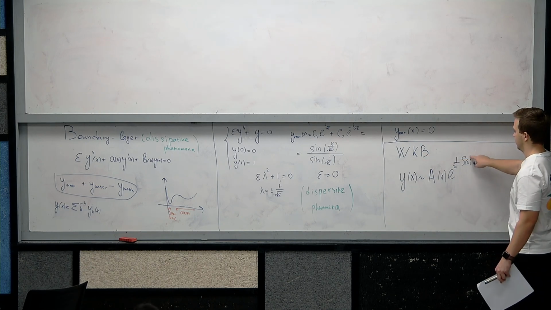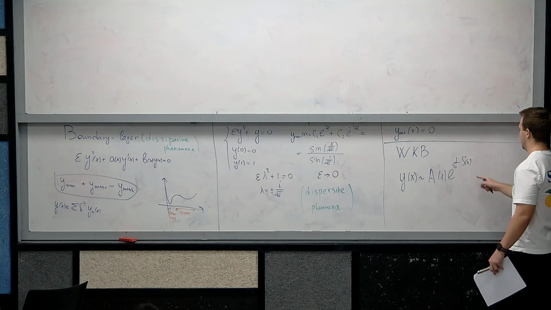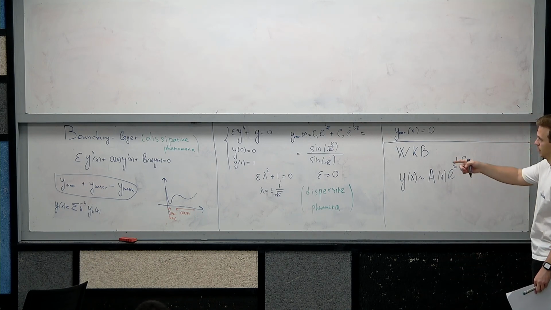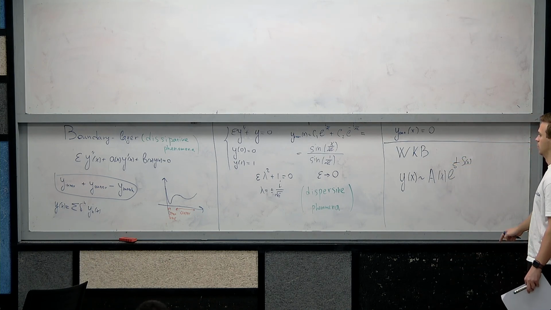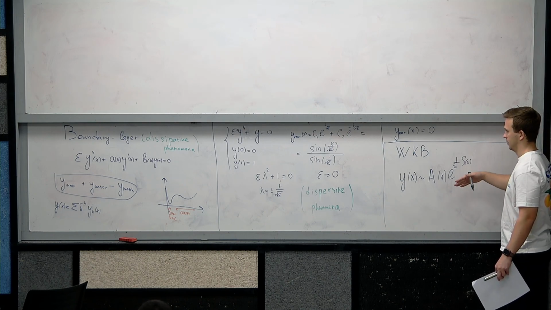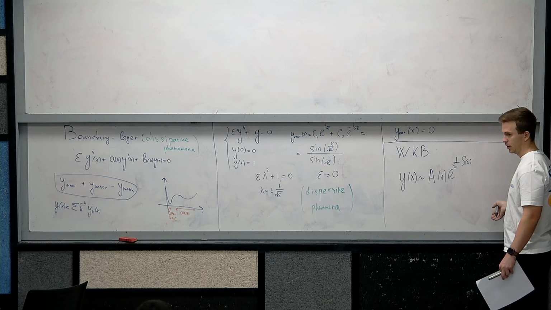And this solution is valid for both real and imaginary s. So when s is real, we have a dissipative phenomenon. Namely, for positive s, it exponentially grows. For negative s, it decays.